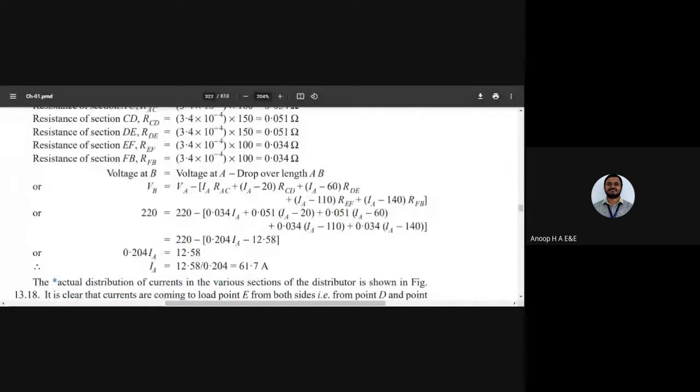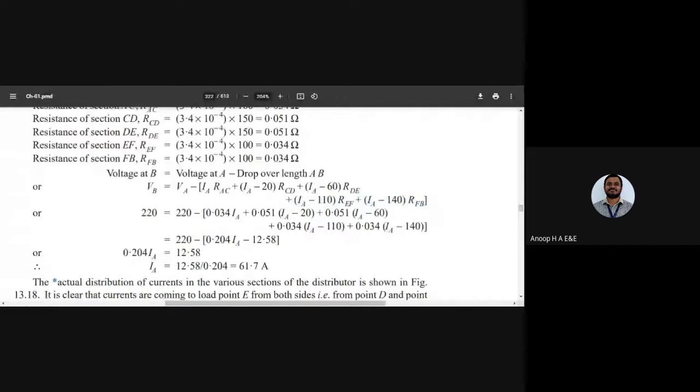The voltage at B would be equal to voltage at A minus the drop over length AB. That is given by VB equals VA minus the drop over the length AB, that is IA into RAC plus (IA minus 20) into RCD plus (IA minus 60) into RDE plus (IA minus 110) into REF plus (IA minus 140) into RFB.